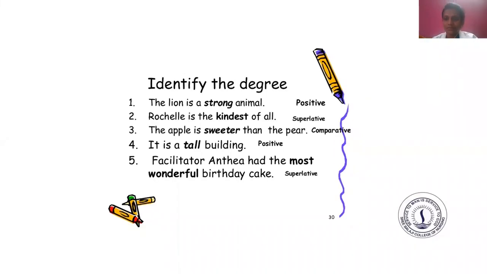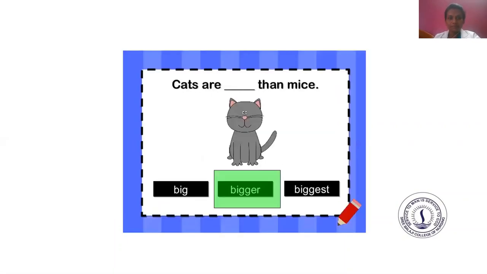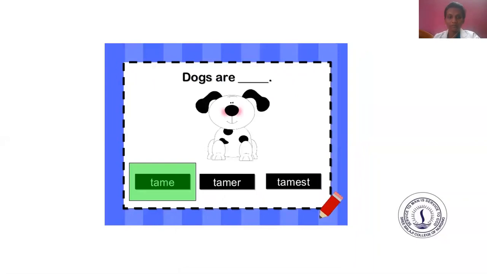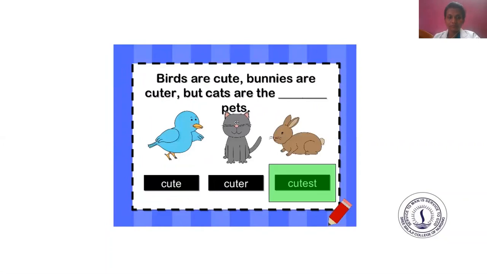And we have seen some examples to identify the degree, and some exercises we have done. See, this is superlative because you are comparing the cat with two other nouns, birds and bunnies. So it is superlative.